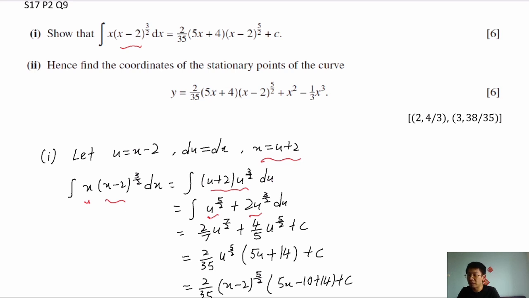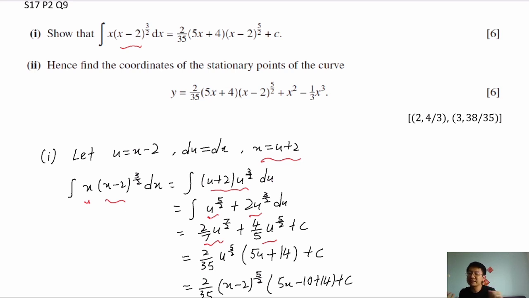Those are the two terms that we can integrate easily. After integrating, we have 2 over 7 u to the power of 7 over 2 and also 4 over 5 times u to the power of 5 over 2.